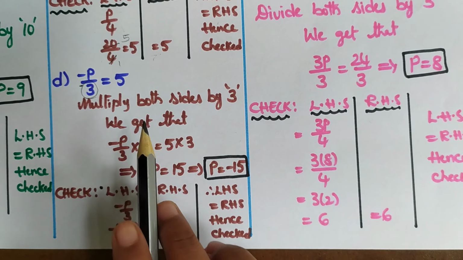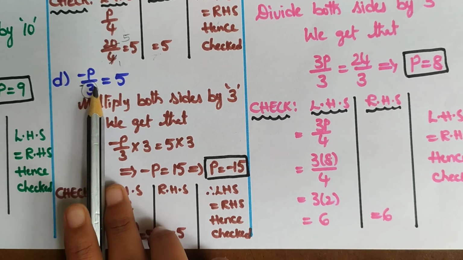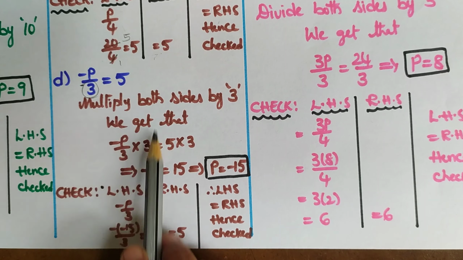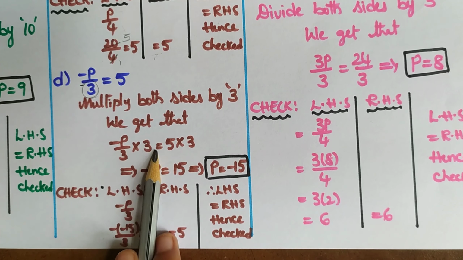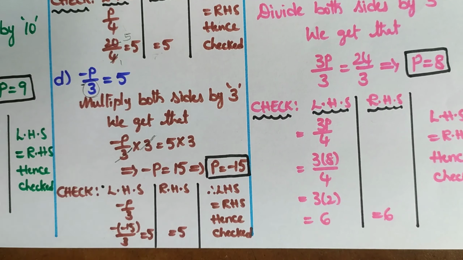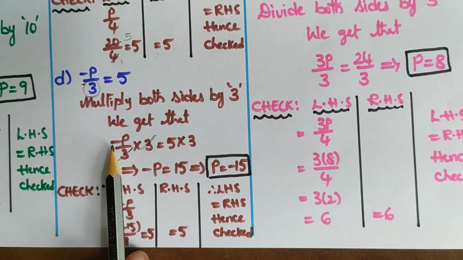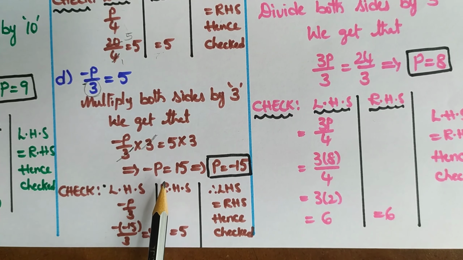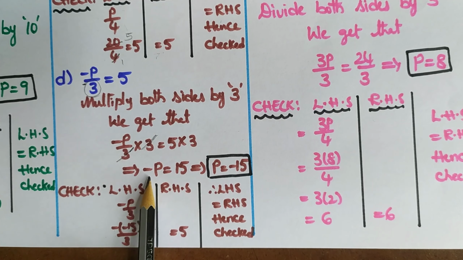We get minus p by 3 into 3 is equal to 5 into 3. Here the 3s get cancelled, we are left with minus p is equal to 5 into 3, which is 15, so minus p is equal to 15.